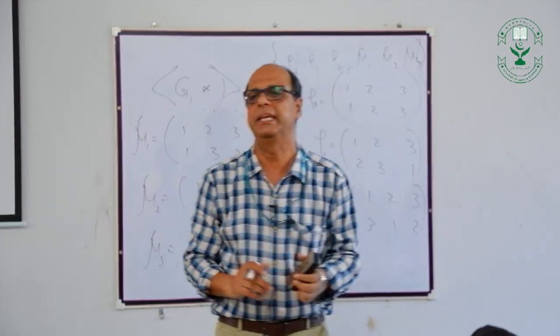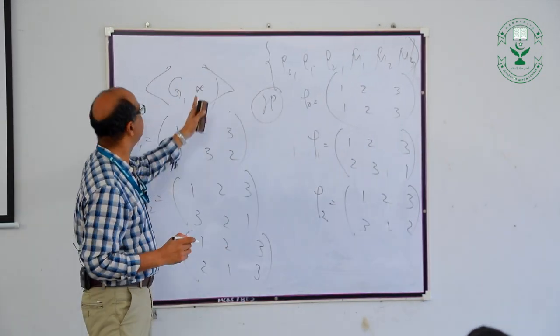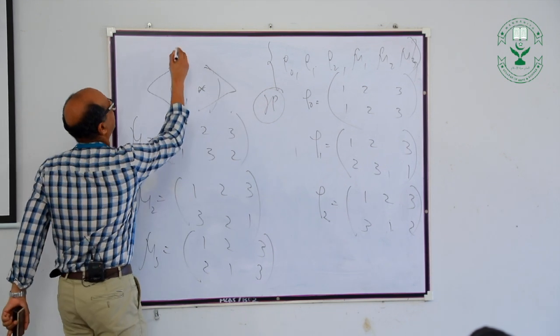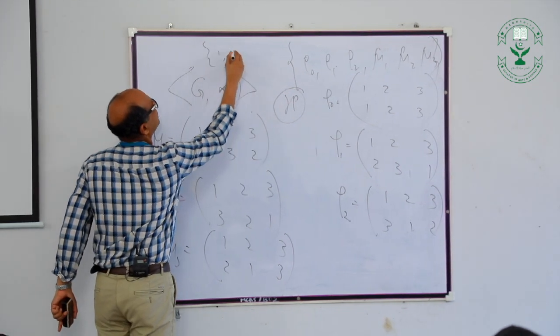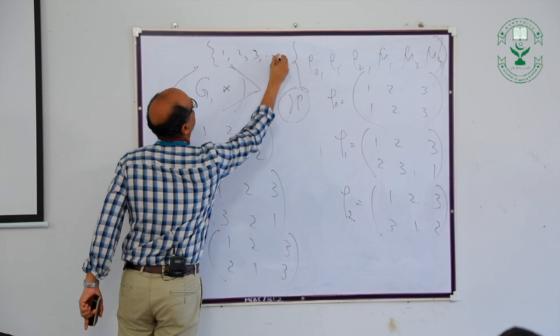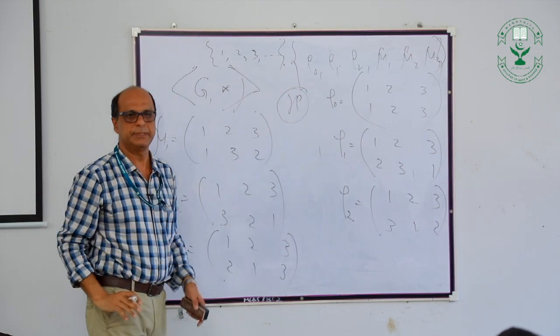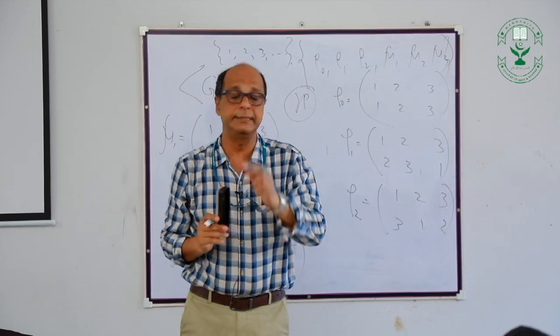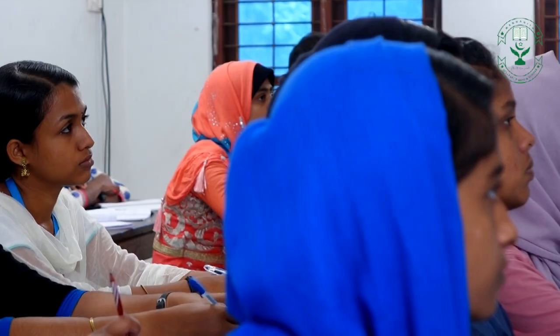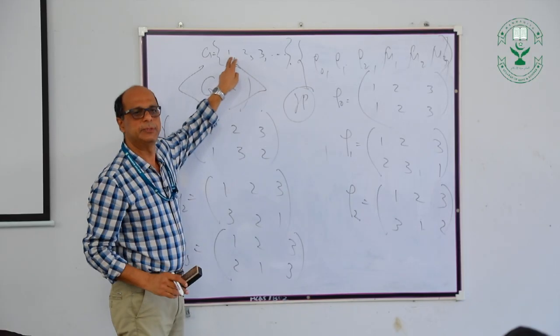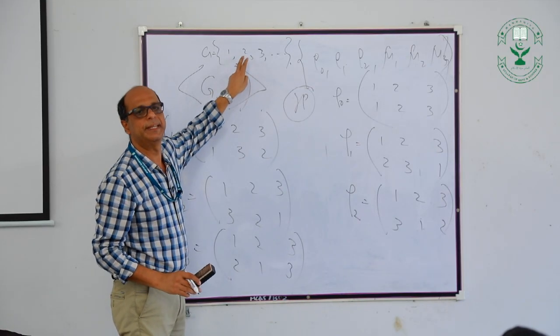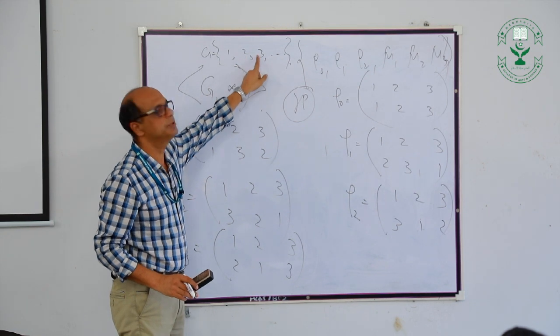Binary operation means if you take two elements from a set, suppose we have the set of all natural numbers, G is my set and the operation is plus. Take two elements from this set, 1 and 2. You get the sum as 3, and 3 belongs to this set.